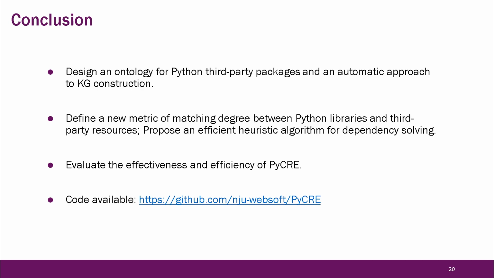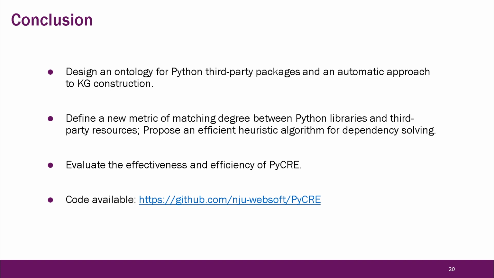In this paper, we propose an approach to automatically inferring Python-compatible runtime environments with a domain knowledge graph. First, we design a domain-specific ontology for Python third-party packages and propose an automatic approach to constructing the Python package knowledge graph. Second, we define a new metric of matching degree to discover required libraries.